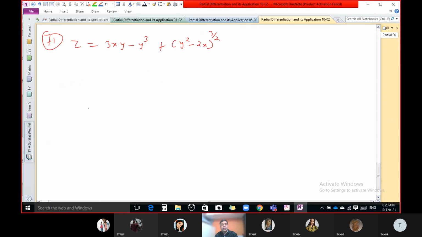First, differentiate with respect to x. Keep y constant. Tell me the derivative of 3xy: 3y. 3y minus the derivative of y cube, which is 0.